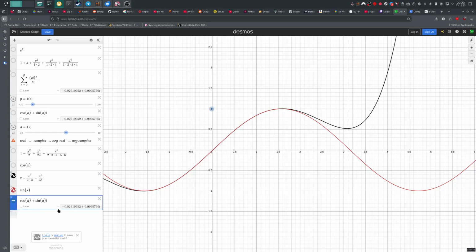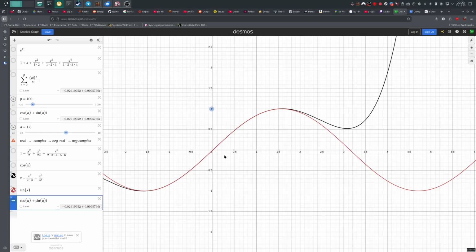By definition, you already know that cosine and sine are tightly bound to a circle, right?